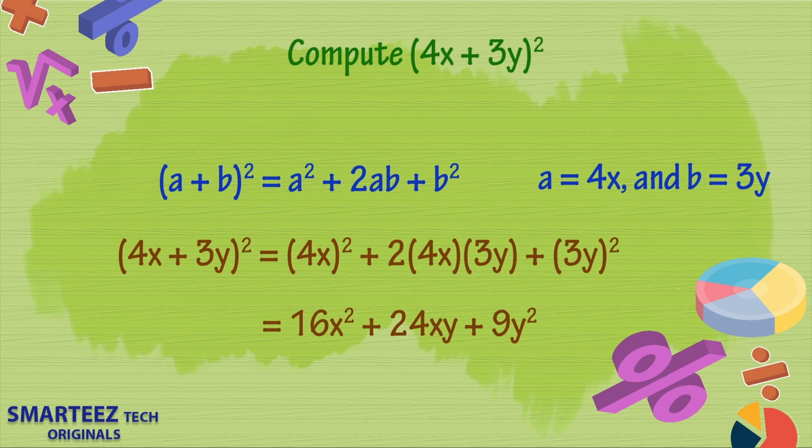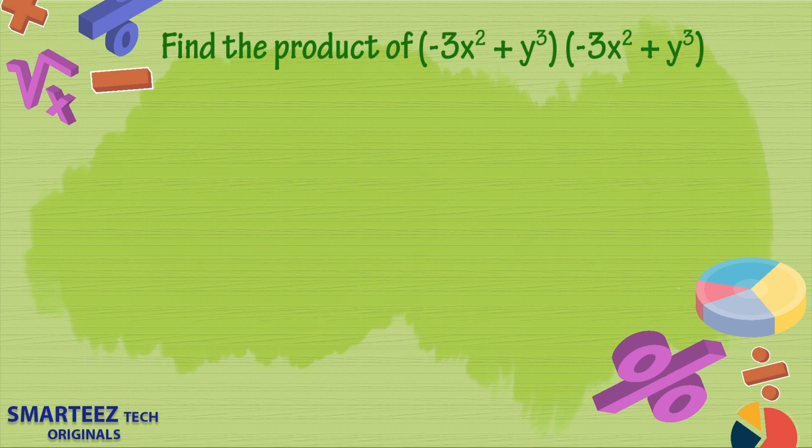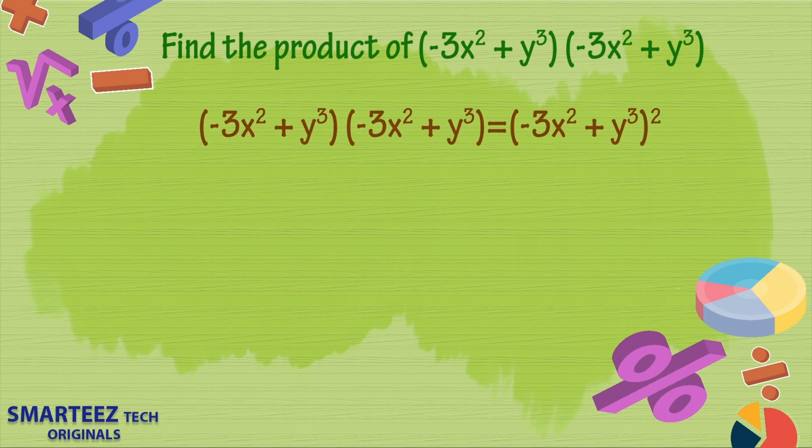Let's look at another example. Find the product of (negative 3x squared plus y cubed) times (negative 3x squared plus y cubed). Solution. This equals (negative 3x squared plus y cubed) the whole square. Again, we use the formula (a plus b) the whole square equals a square plus 2ab plus b square.